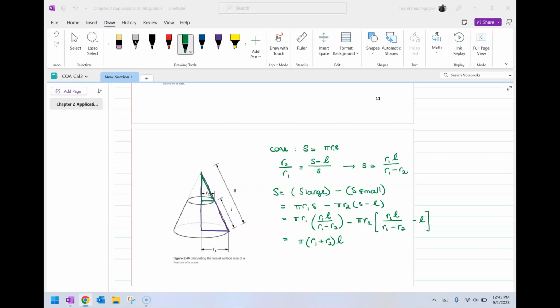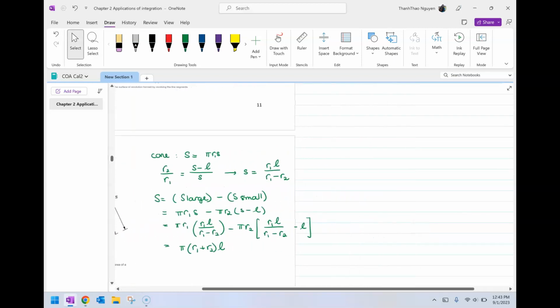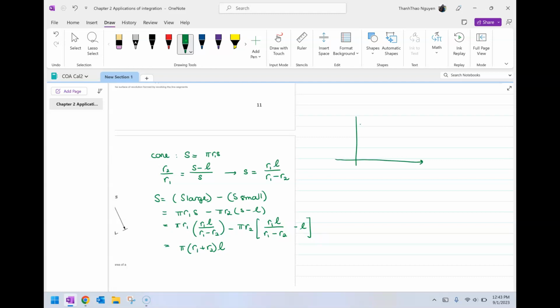So we will use this formula to calculate the surface area of each band formed by revolving the line segment about the x-axis. Let's take a look at a representative of this small band. Let's say here you are given this curve. And here is our x sub i. This is x sub i minus 1.